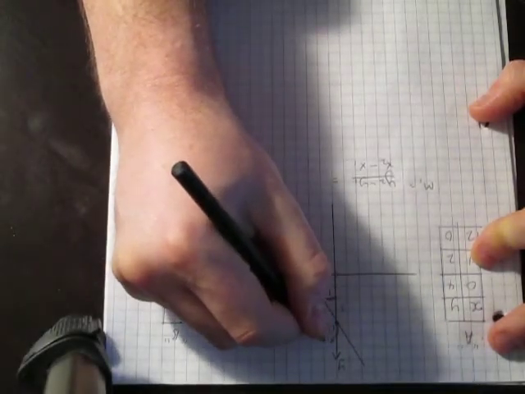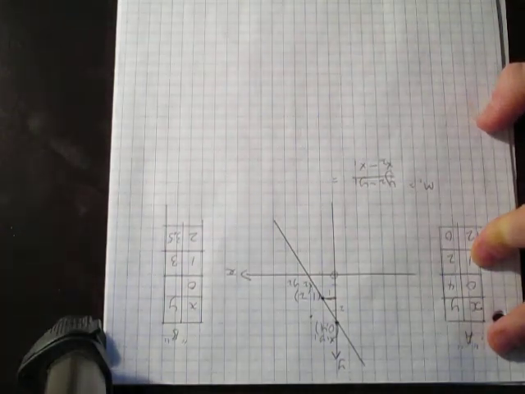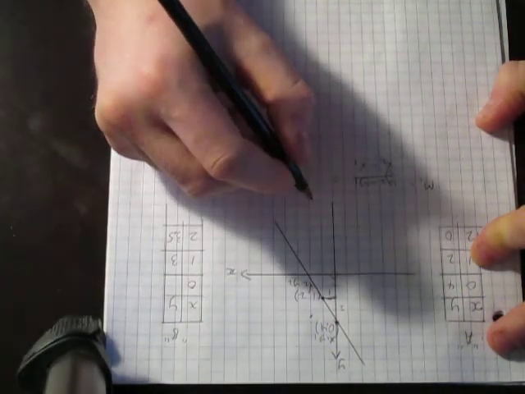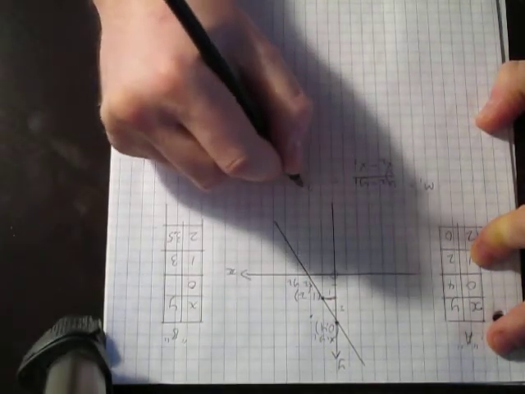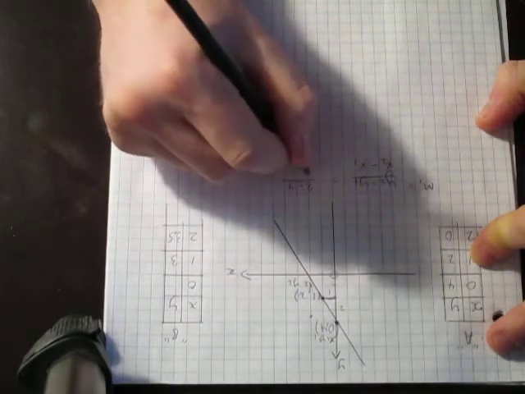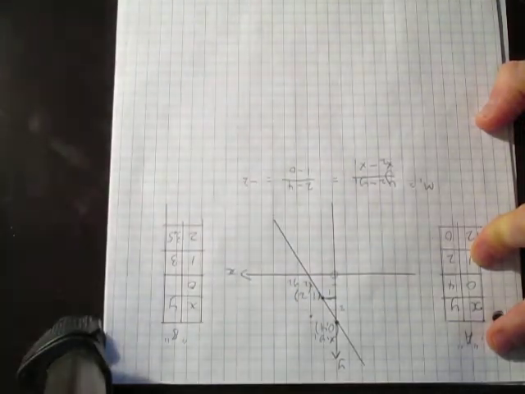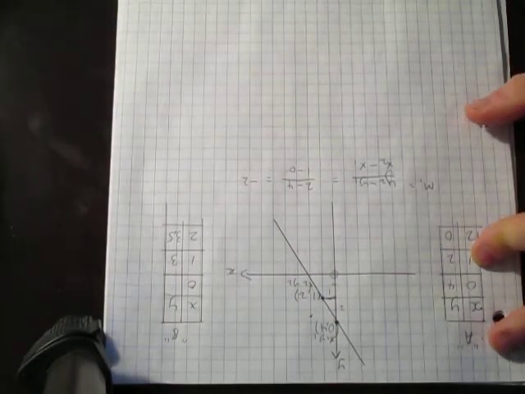So x1, y1 is always the point on the left, x2, y2 is the point on the right. So I'm doing 2 minus 4 over 1 minus 0, and you can see that this has a slope of -2.